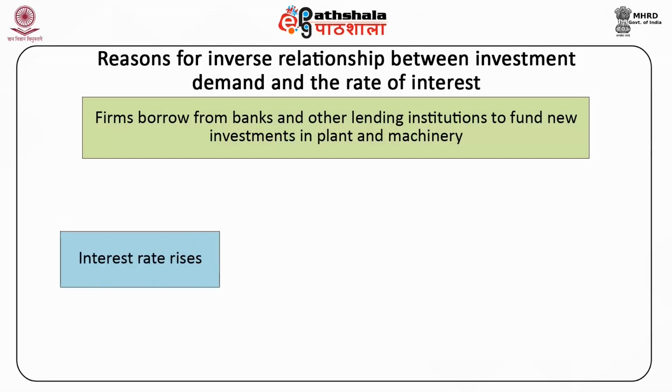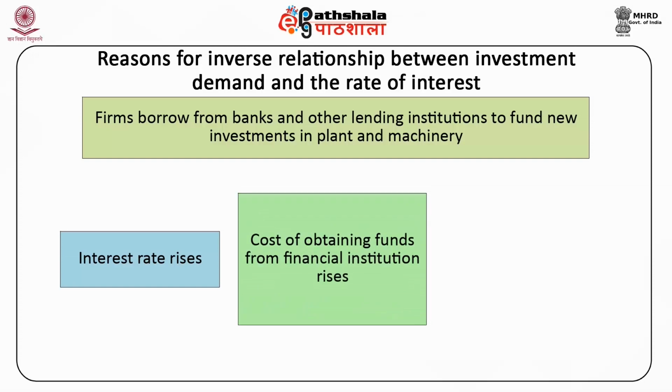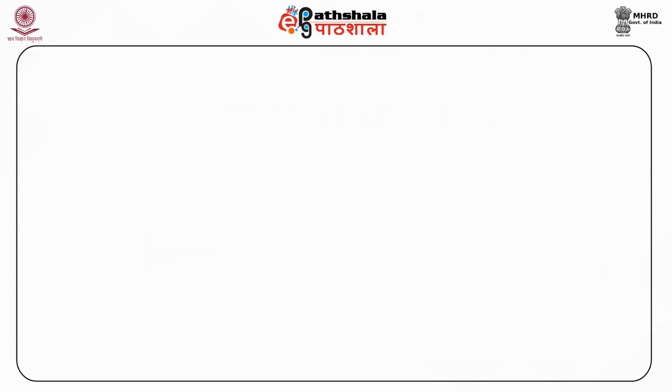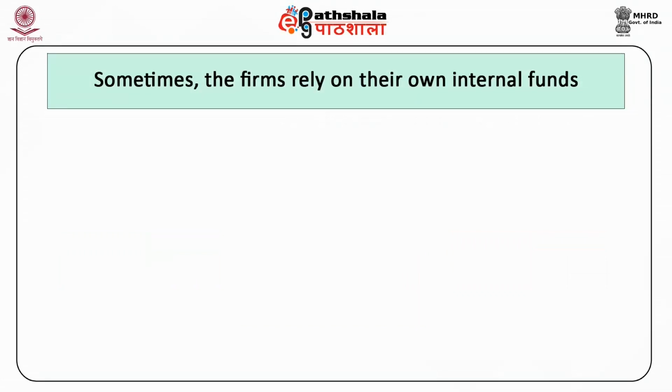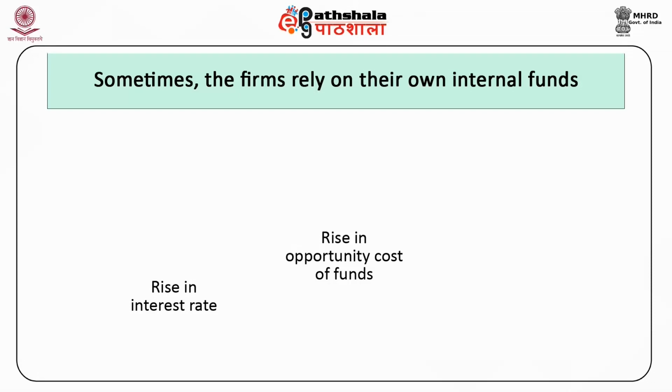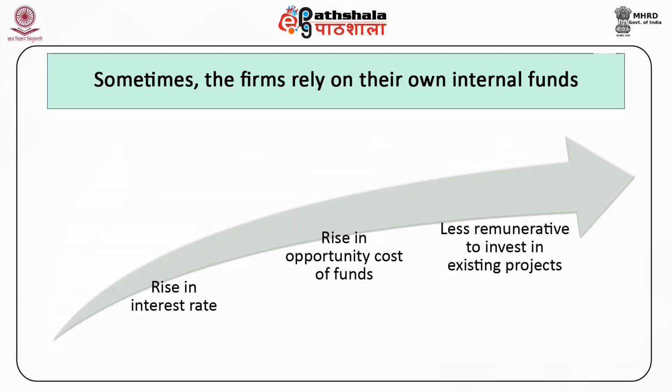As interest rates increase, the cost of obtaining funds from financial institutions rises, resulting in lower investment expenditure. Sometimes the firms may rely on their own internal funds. In such cases too, the rise in interest results in a rise in the opportunity cost of funds, making it less remunerative to invest in existing projects.